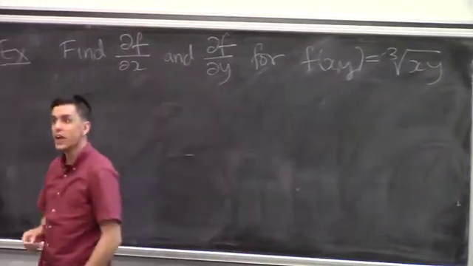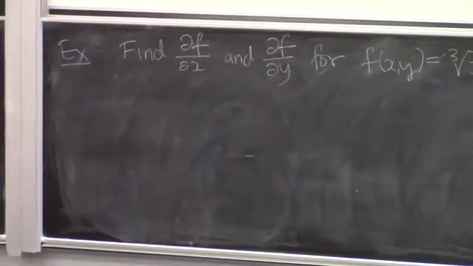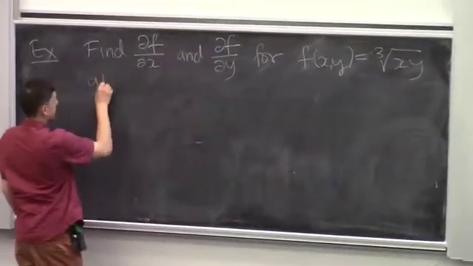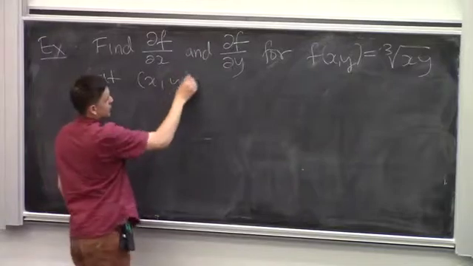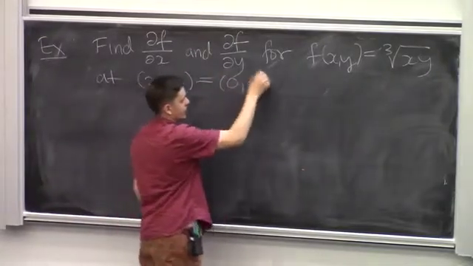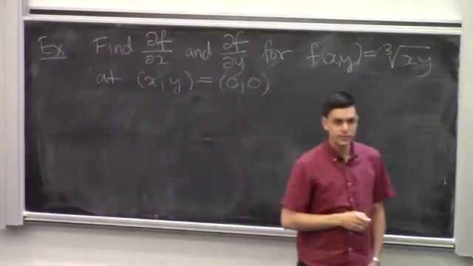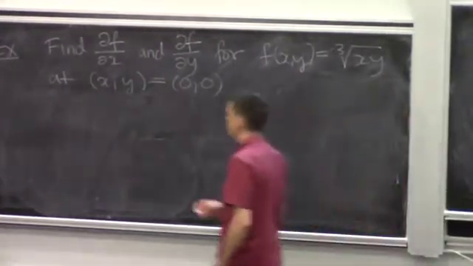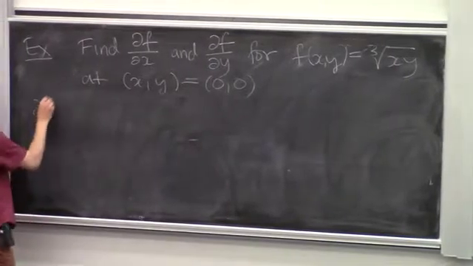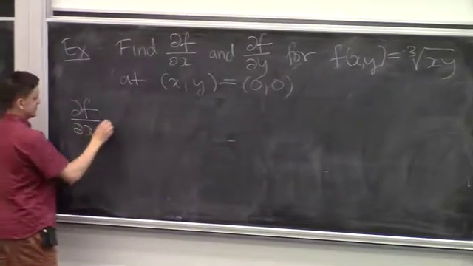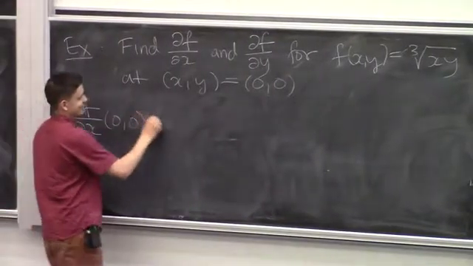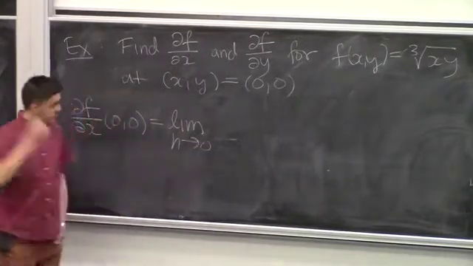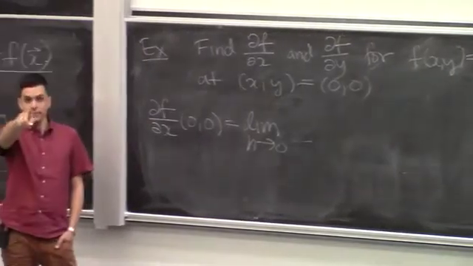Okay, so let's see what happens if we take the partial derivatives of this guy at the origin. So what do we get as the partial derivatives there? So this will be the limit.